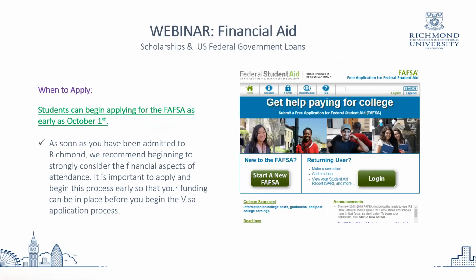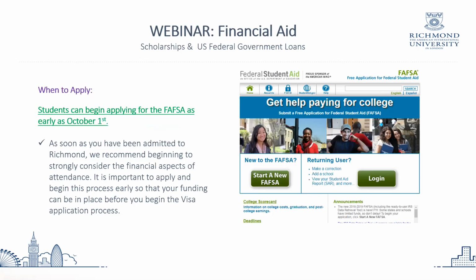This GPA requirement will also be stated in your loan application letter. As a brief summary, I will just remind you to keep your eye out for the loan application letter.